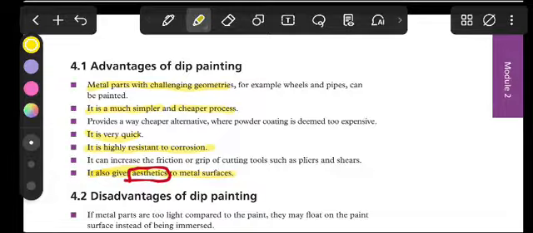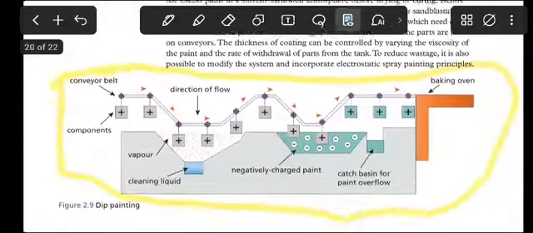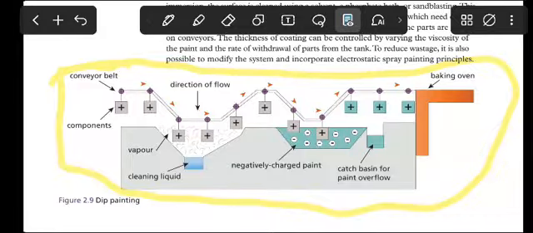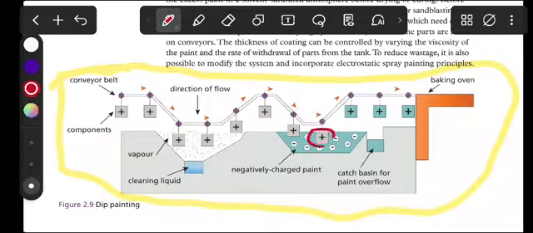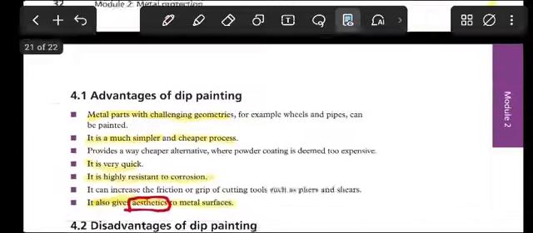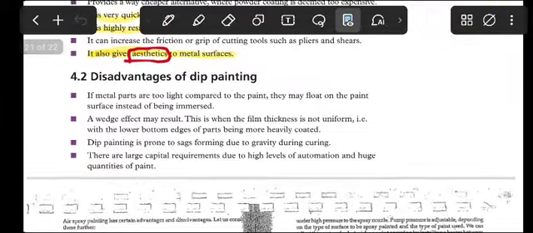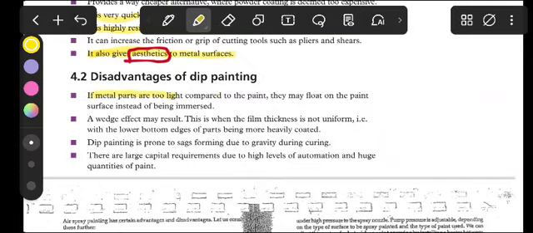As you can see here, I think this is the one they use for cars. They paint cars. You just put the frame of the car inside, you dip it, and everything will be painted nicely. Disadvantages: the metal parts are too light compared to the paint. The paint is prone to run due to gravity when the object is taken out.